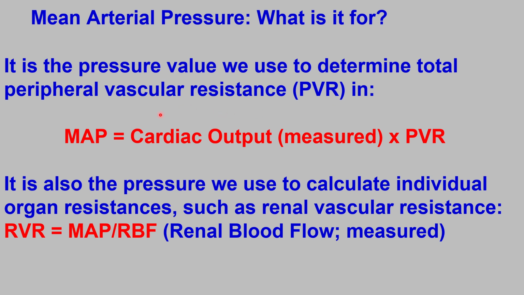Since we can measure cardiac output, we can then divide mean arterial pressure by cardiac output and obtain a value for peripheral vascular resistance. We can also, if we measure renal blood flow, which we can do, obtain a value for renal vascular resistance by dividing the mean arterial pressure, which is experienced by the kidney as by any other organ, by renal blood flow, and therefore obtain a unique value for renal vascular resistance.